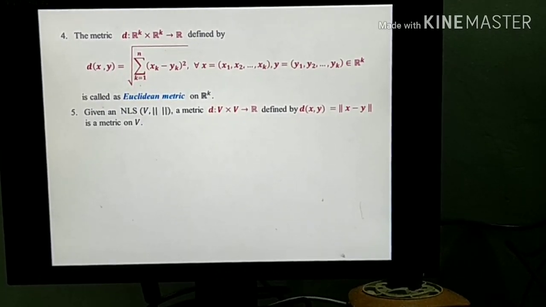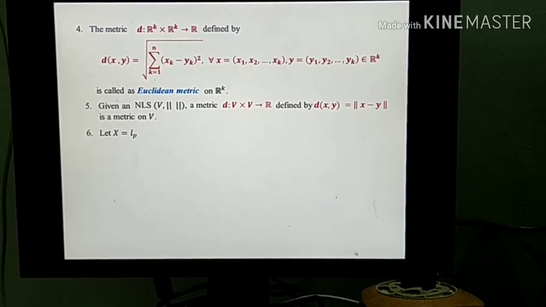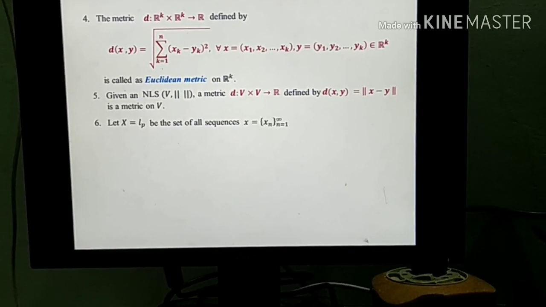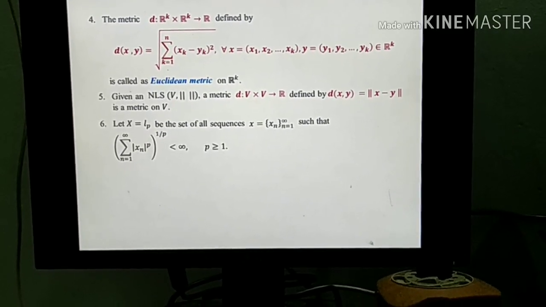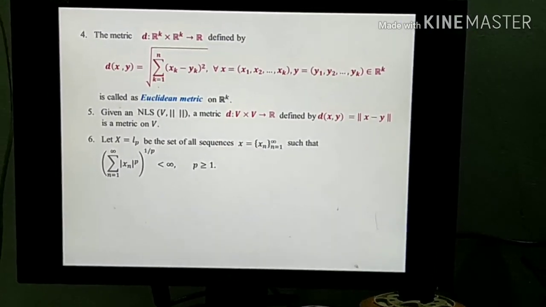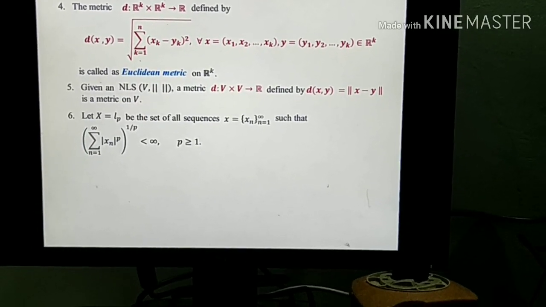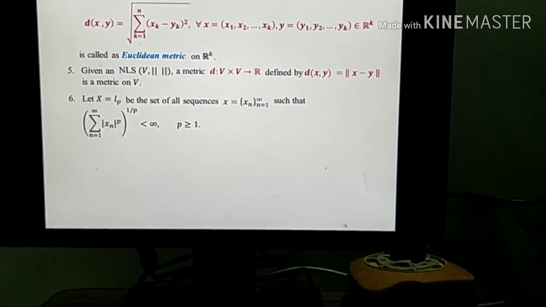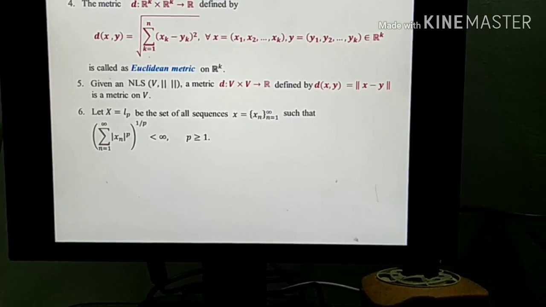Sixth example, let X be equal to lp. What is lp? lp is the set of all sequences of real numbers xn that satisfy the condition that summation of mod xn raised to p, and the whole summation raised to 1 by p, is less than infinity. It means it is the set of sequences whose series, mod xn raised to p, raised to 1 upon p, is convergent.